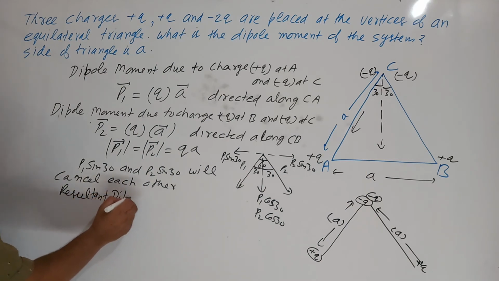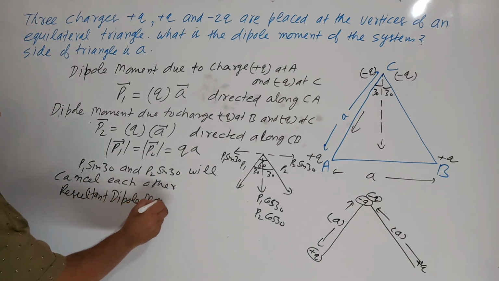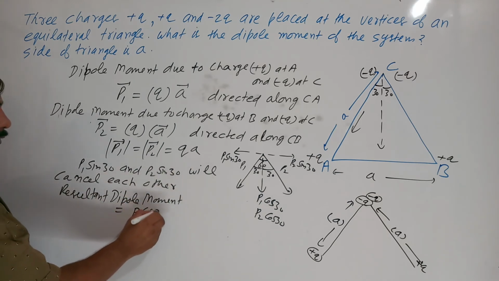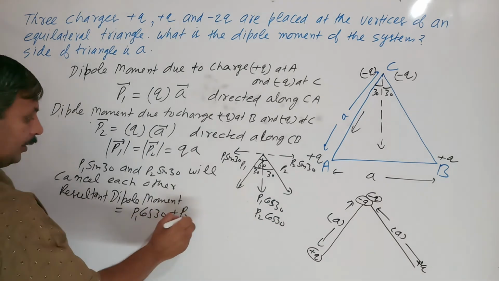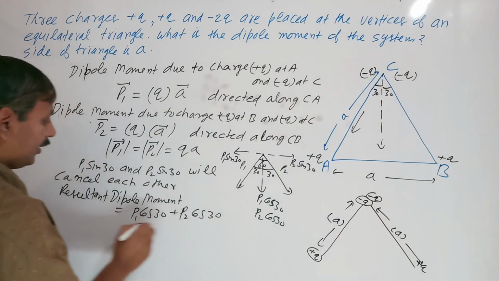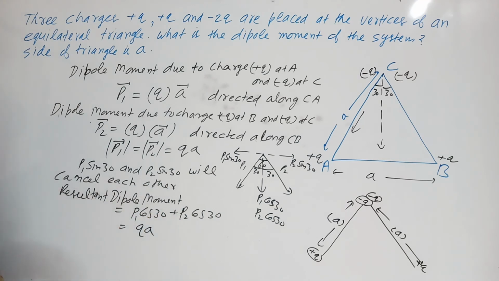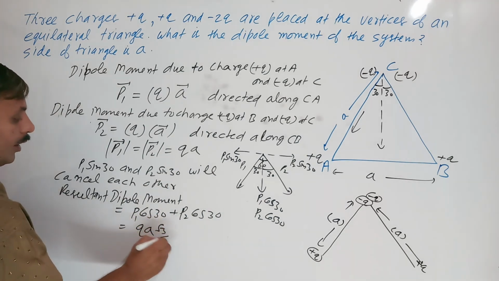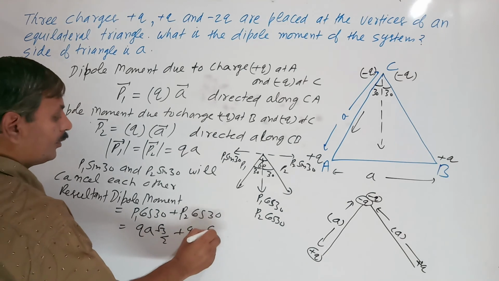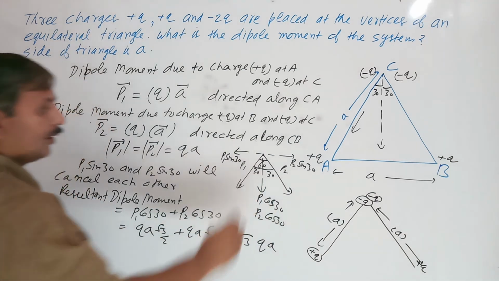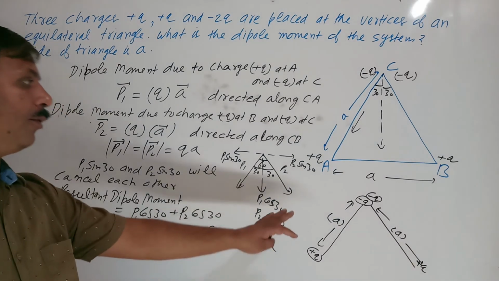So the resultant dipole moment is equal to P1 cos 30 plus P2 cos 30. This is QA cos 30, root 3 by 2 QA, plus root 3 by 2 QA. This is root 3 QA. What will be the resultant dipole moment?